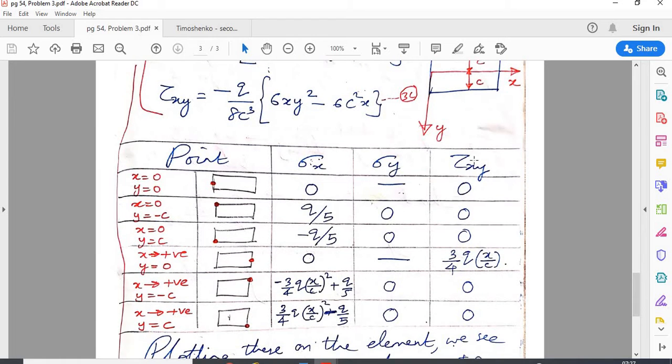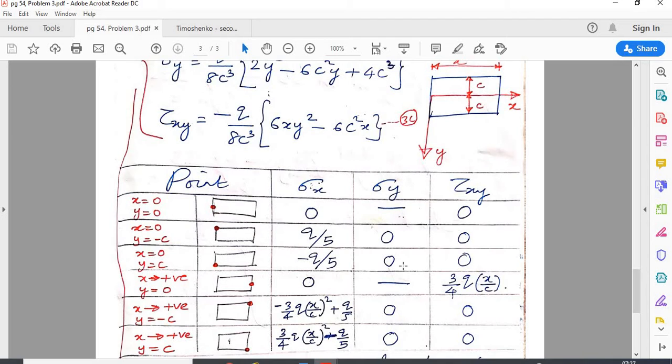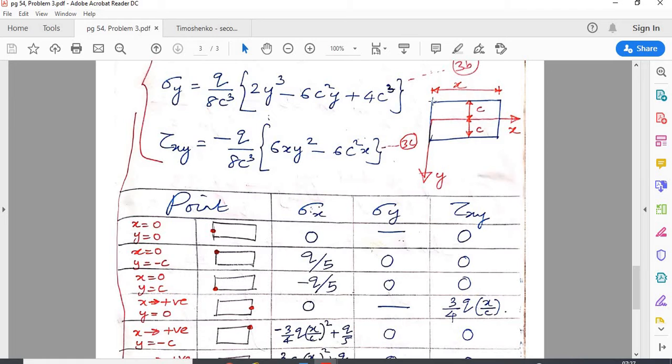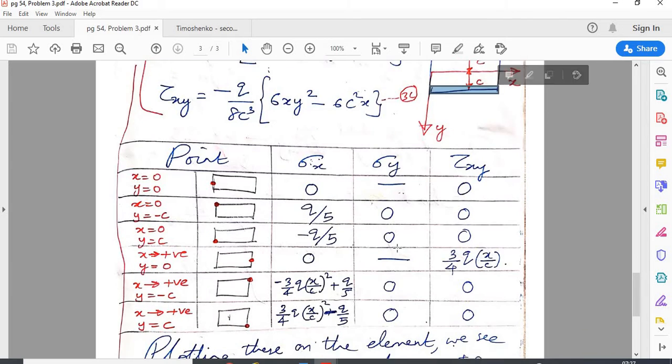Now sigma y and tau xy. Sigma y is actually pretty straightforward. On the two edges, y equal to minus c and y equal to plus c, you are getting 0. So it is just like any beam problem.